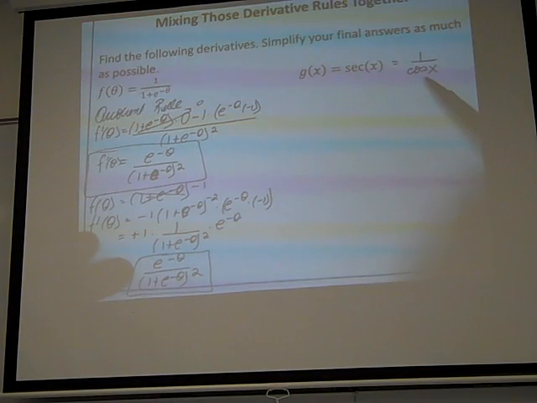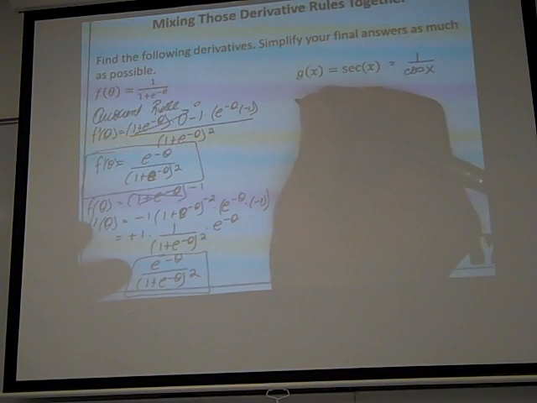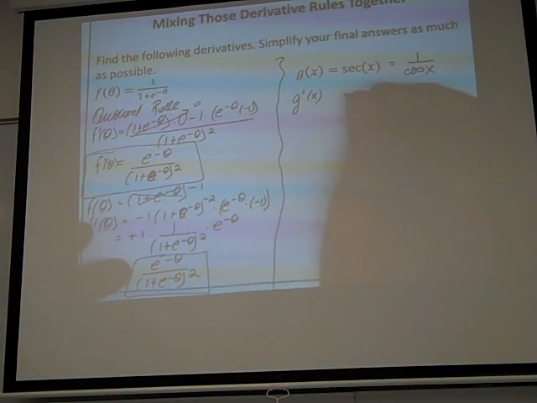That should be a much easier problem for us to do. It's your quotient rule again. So G prime is going to be low, cosine of x, times d high, 0, minus high, 1, times derivative of the cosine, which is negative sine of x, over cosine of x squared.